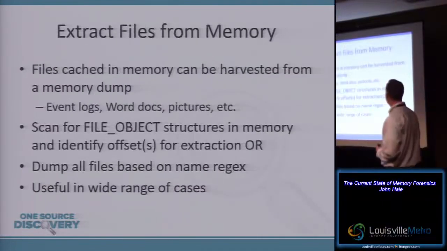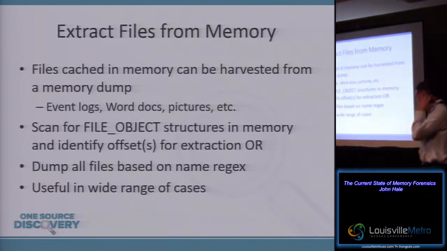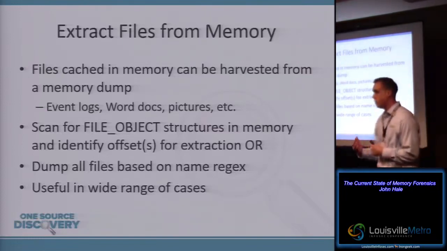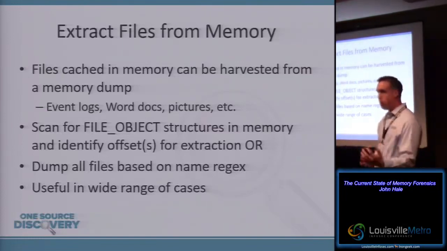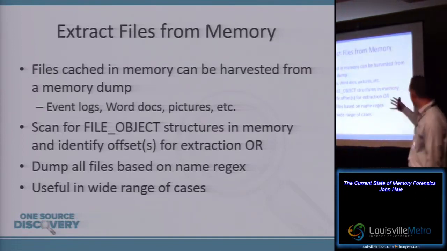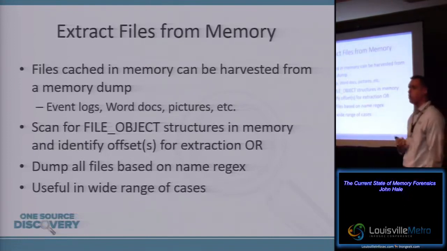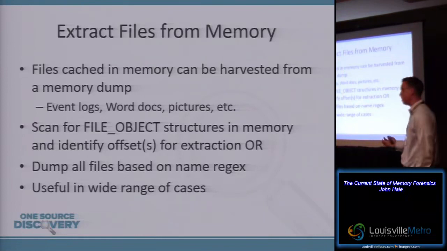Extracting files from memory is another key portion here, in that regardless of the type of investigation you're doing, this can be critically important, because very often we're interested in files that are simply cached in memory. Think of things like event logs, Word documents, even open pictures that the user is looking at or was looking at.